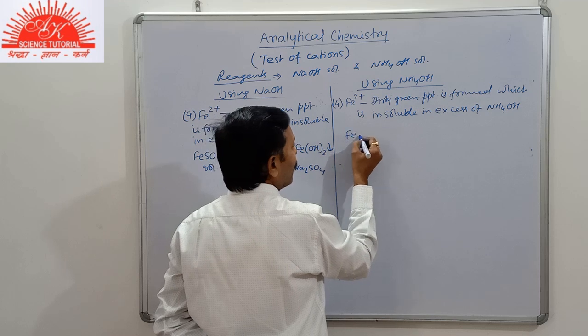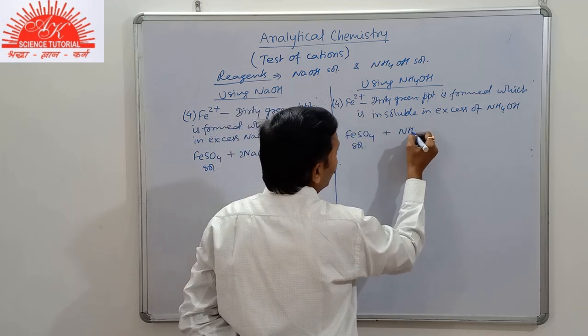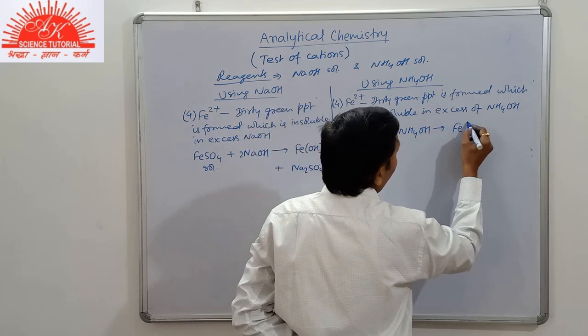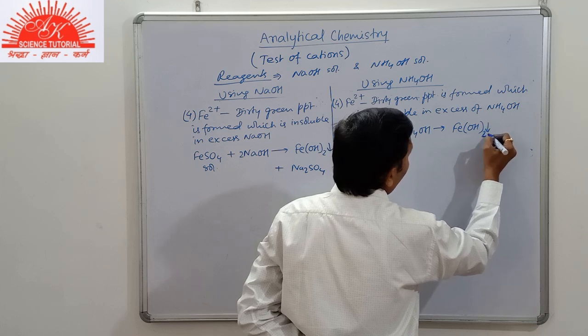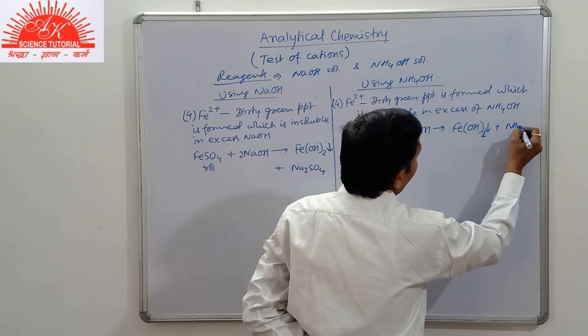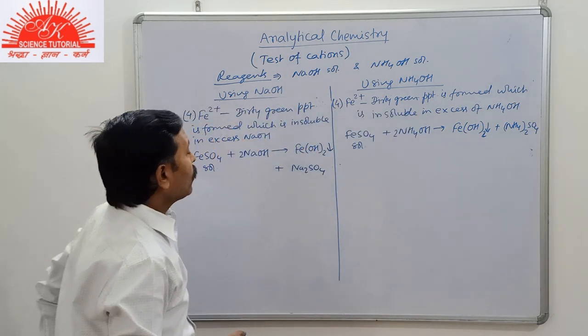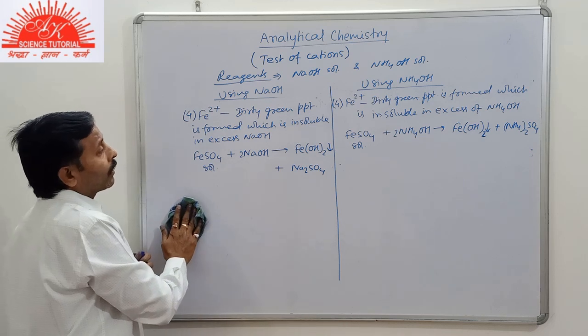The same reaction can be taken here also, FeSO4 plus NH4OH gives Fe(OH)2 plus (NH4)2SO4. So this is similar in both the cases.